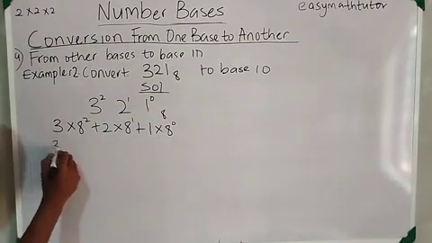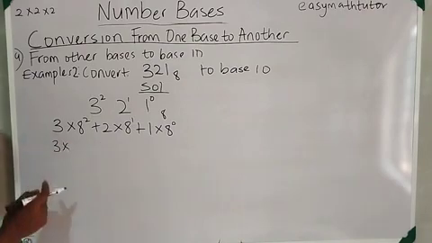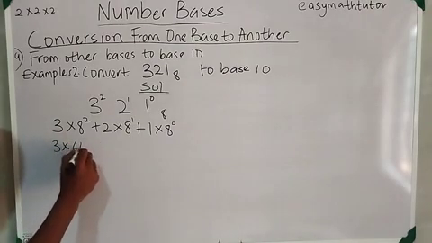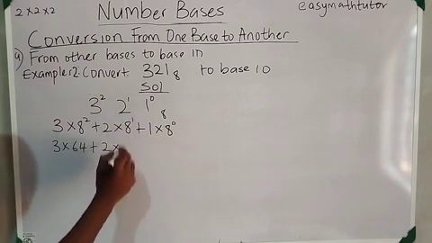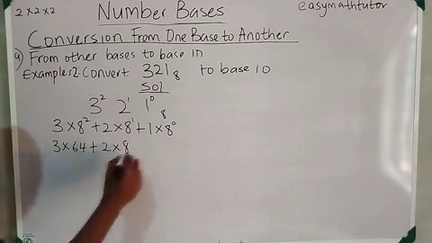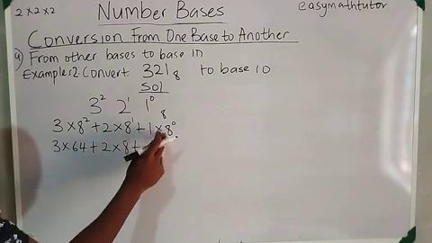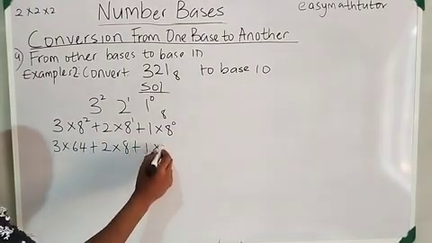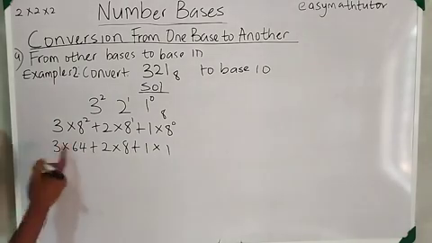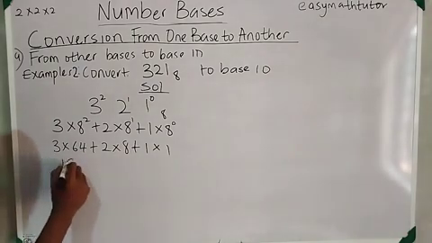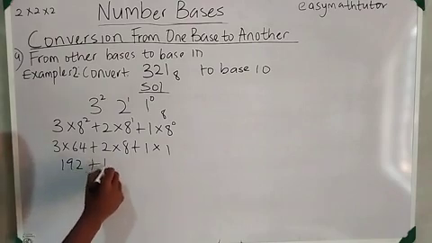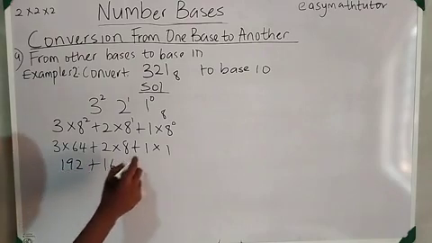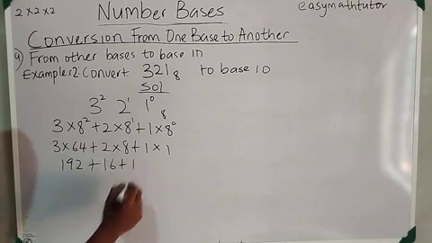This becomes 3 times 8 squared, which is 8 times 8, which is 64, plus 2 times 8 raised to the power 1 is 8, plus 1 times 8 raised to the power 0 is 1. So we have 3 times 64 to give us 192, plus 2 times 8 to give us 16, plus 1 times 1 to give us 1.